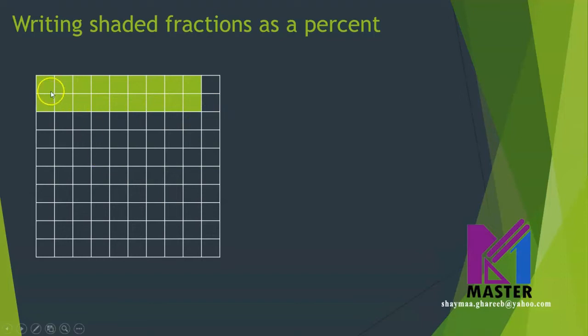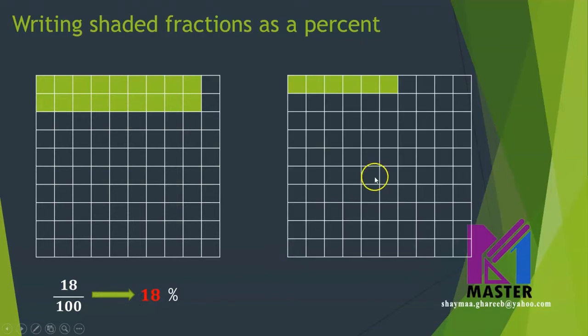We count the number of shaded parts: 1, 2, 3, 4, 5, 6, 7, 8, 9, and 9 equals 18. So it will be 18 shaded parts over 100 parts in total. So the fraction will be 18 over 100. Then we change this fraction into a percent. If I have 18 over 100, it means 18%.